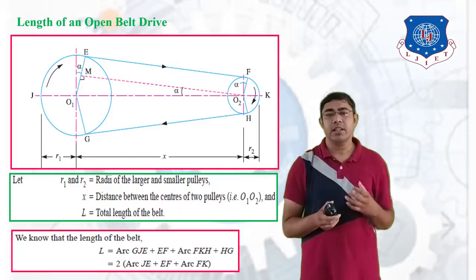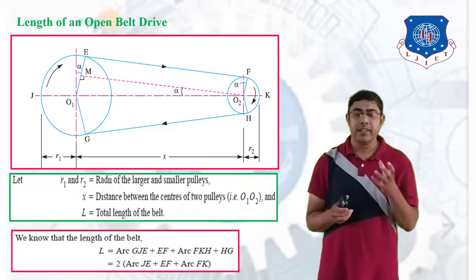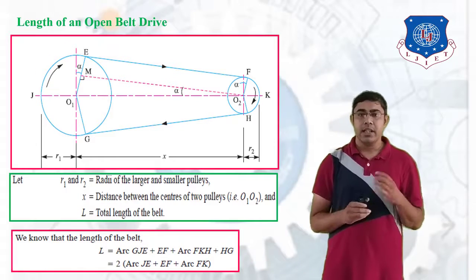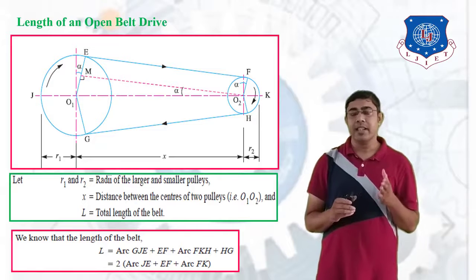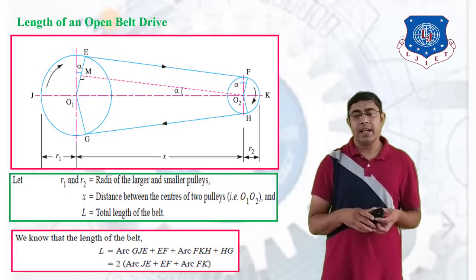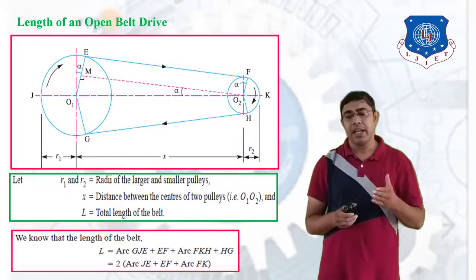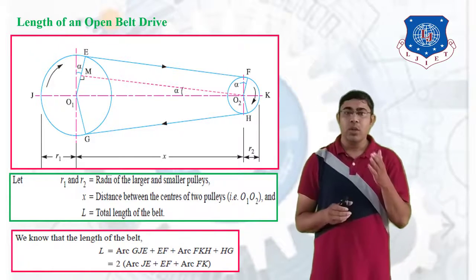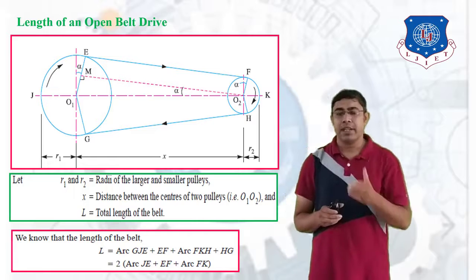Now if we see the configuration, the arc GJE is nothing but 2 times the arc JE, and for the smaller pulley, arc FKH is equal to 2 times the arc FK.